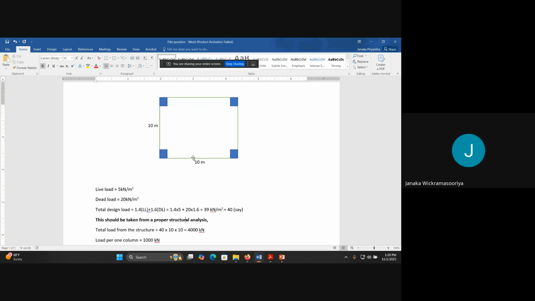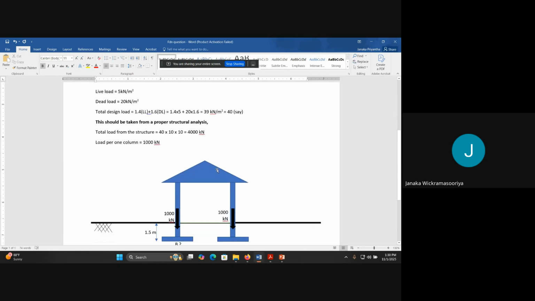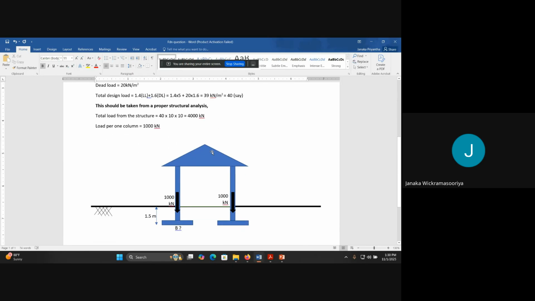Now these are just calculations and not the real values, right? I did it because we need just a number. Normally the structural engineers will give this. So you can draw this one also. Our final target is to determine this B.